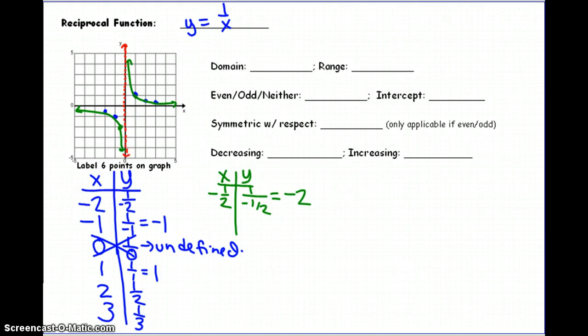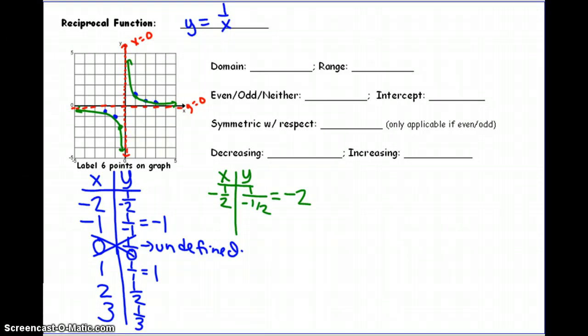So I actually have an asymptote at x equals 0. So it's never going to touch that line. It's also never going to touch this other red horizontal line, which is y equals 0. It will never touch those two red dotted lines.